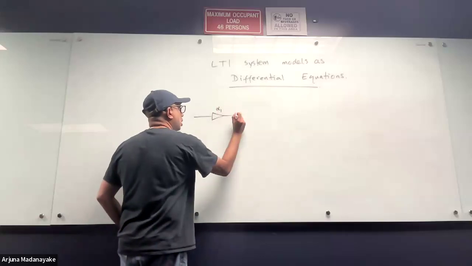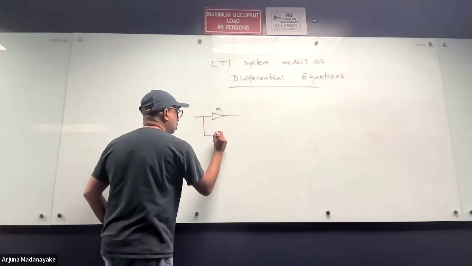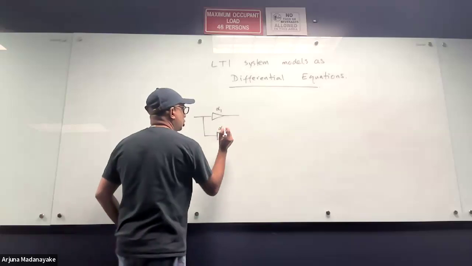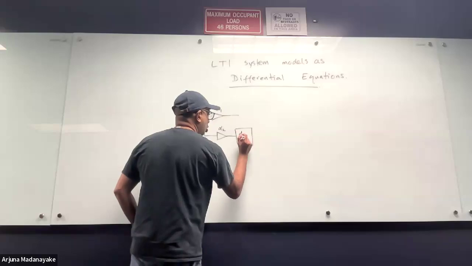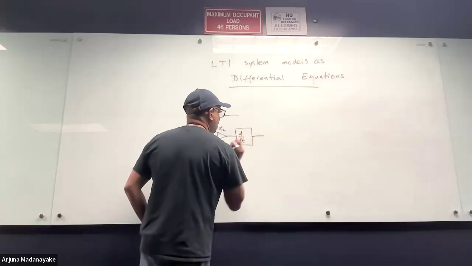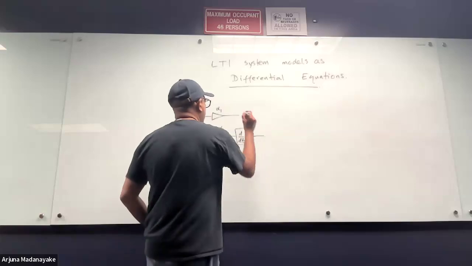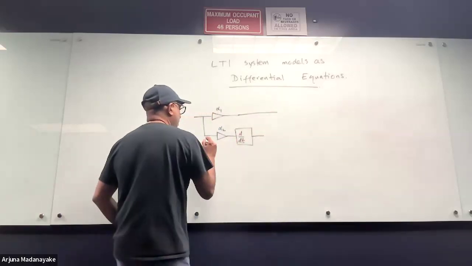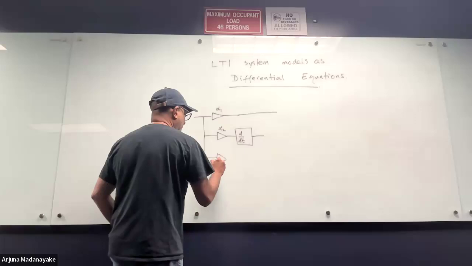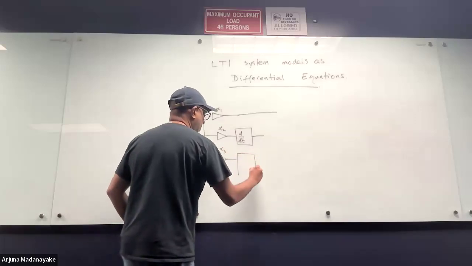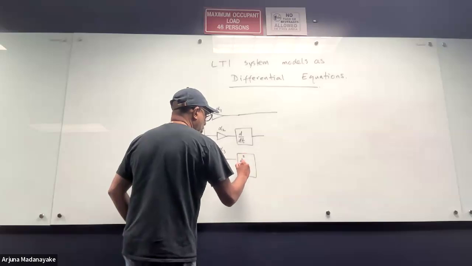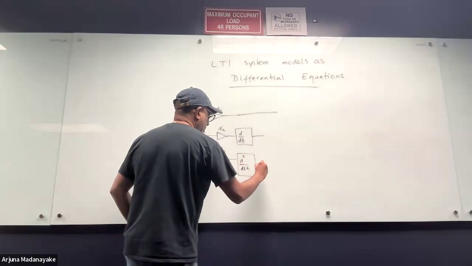Alpha 1, right? Alpha 2, d over dt, right? And then alpha 3, d over dt, dt squared.